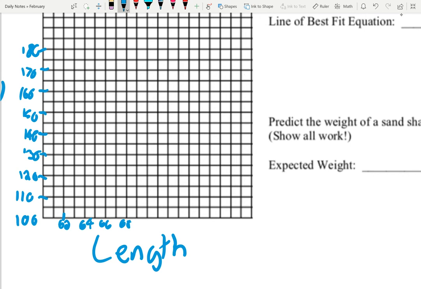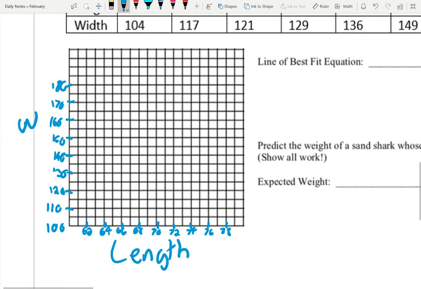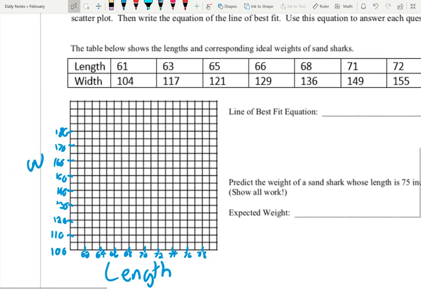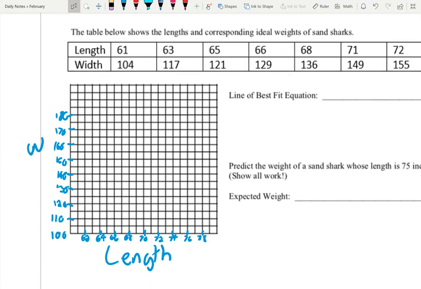And again, I'm going by 2s here. So 70, 72, 74, 76, 78. So there's my scale. I just kind of made it so it would work for me. And now we'll plot our points.